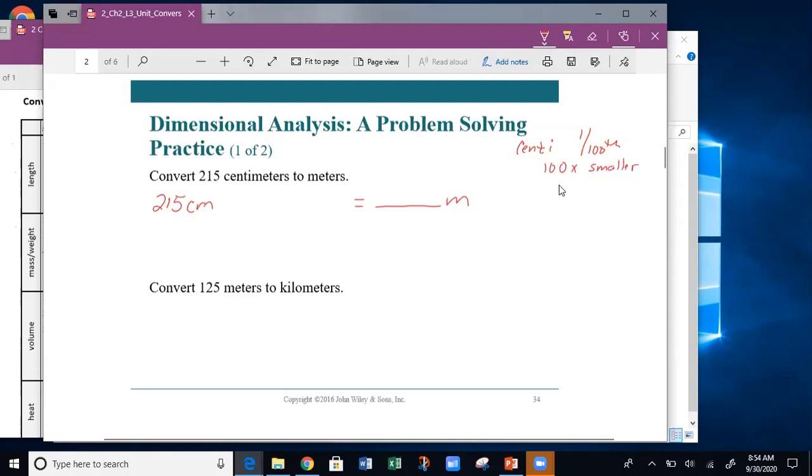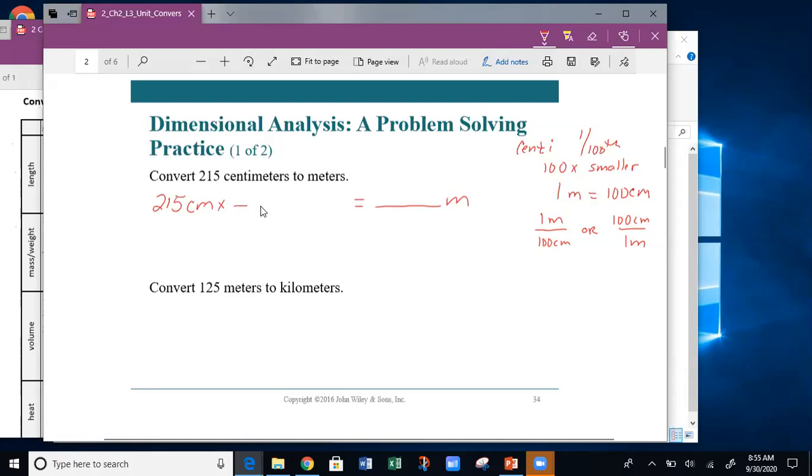So my equivalent would be 1 meter is equivalent to 100 centimeters. And I have two possible conversion factors with this. I could put 1 meter over 100 centimeters, or I could put 100 centimeters over 1 meter, and I have to choose the right one.